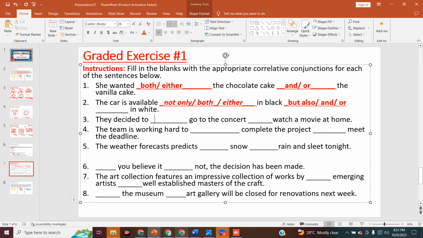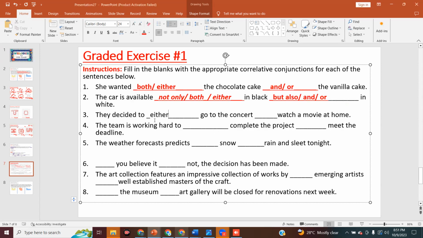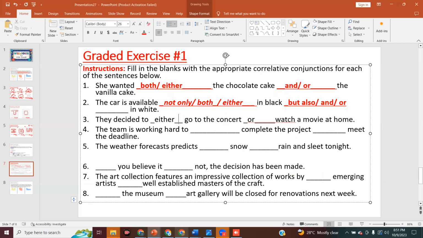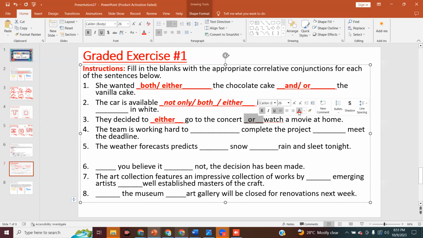It's either or. They decided to either go to the concert or watch a movie at home. How many persons got that? I got it. Very good.